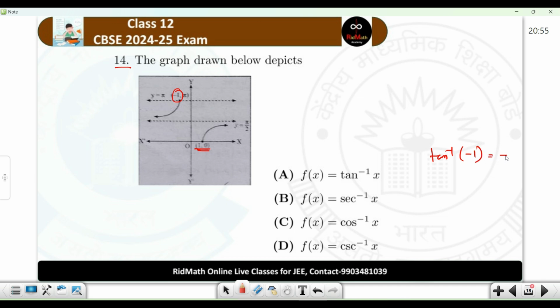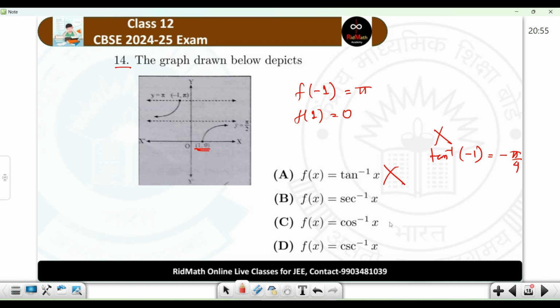This is minus pi by 4. So this is not pi, because here this is minus 1 comma pi. So what is the value of f of minus 1? That is pi, and here it is f of 1 equal to 0. Okay, so tan inverse minus 1 is minus pi by 4, so this is not correct.